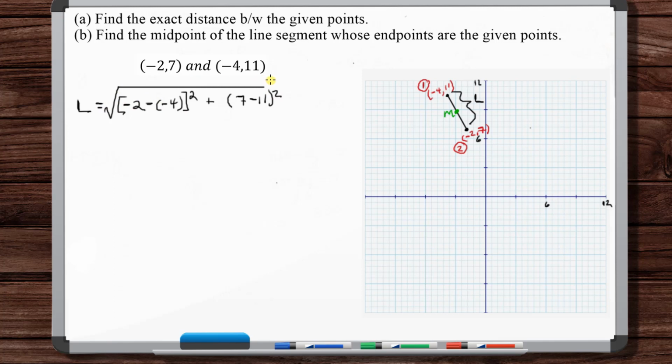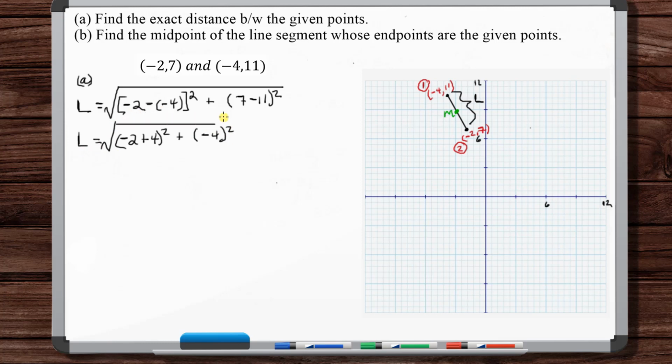Okay, so L, and this is part A, is equal to the square root of -2 plus 4 squared plus -4 squared.